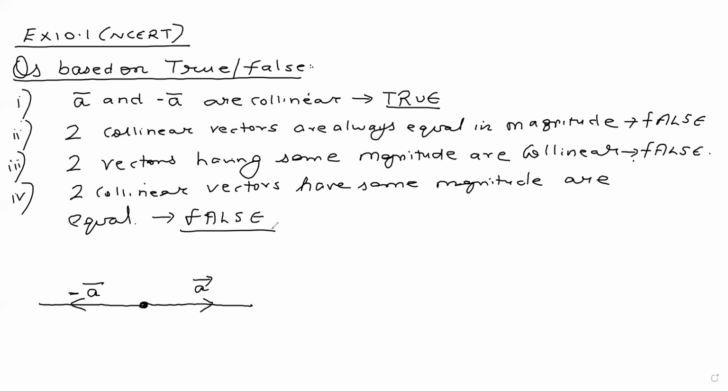All we have said is that two collinear vectors having the same magnitude are equal. No. Two vectors having the same magnitude are not equal. Two vectors having the same magnitude as well as direction are equal. So it is a false statement. I hope all students are clear with this. Okay.